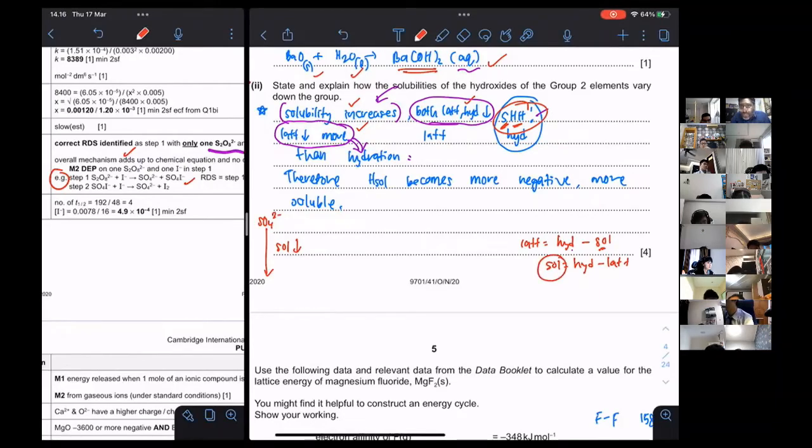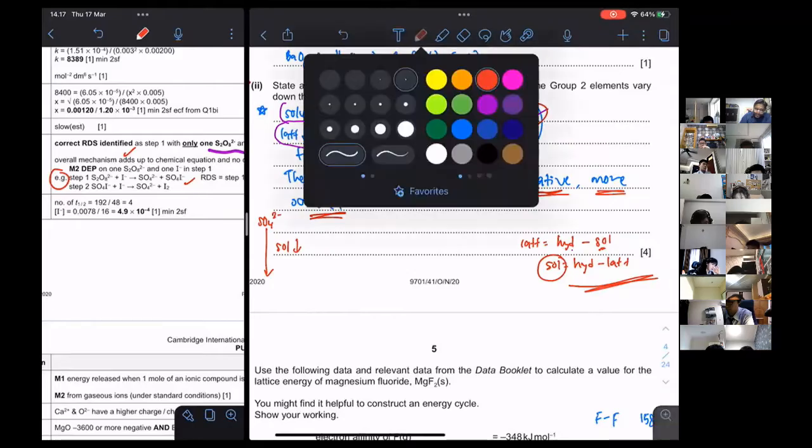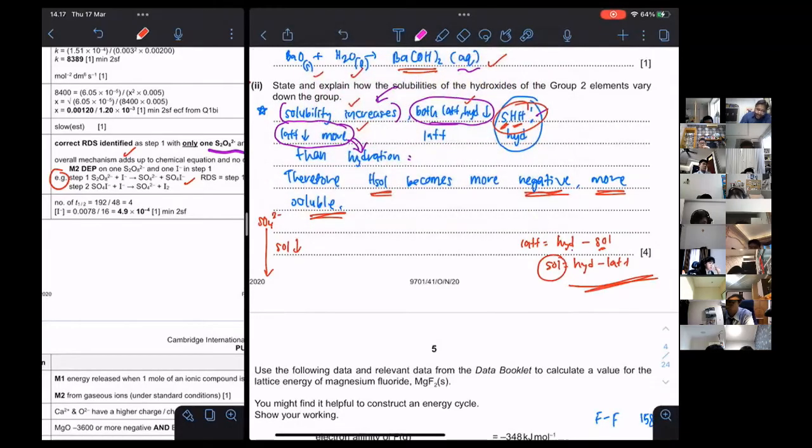If you have more solubility, it means you must have a negative enthalpy of solution, or a small positive, then it's soluble. So your enthalpy of solution is going to become more negative. When that happens, you don't need to show over here. Therefore they become more soluble. If you put in all this, you will get the 4 marks. I'll show you where you get the 4 marks.